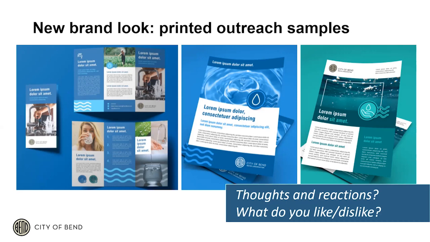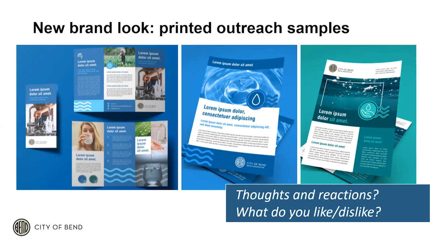Any initial thoughts or reactions to that? I'll just add to that, Dan, that to me, these are like picture frames, right? So it's what we insert materials into, and we want to have something that's recognizable as the city and as utilities or the water stuff at the city, and hopefully be able to roll out this kind of look potentially on the stormwater side as well.